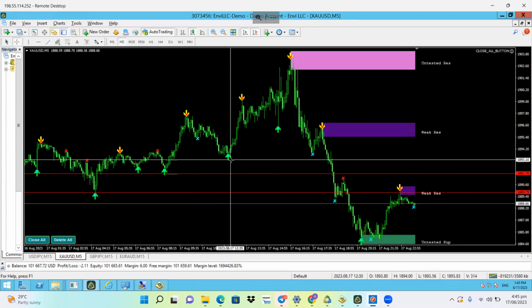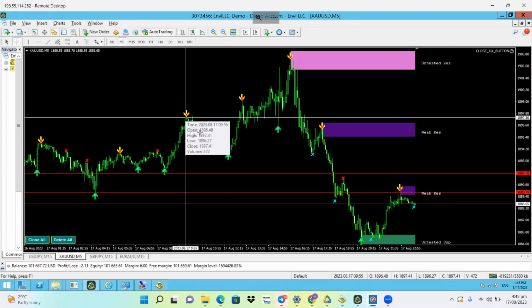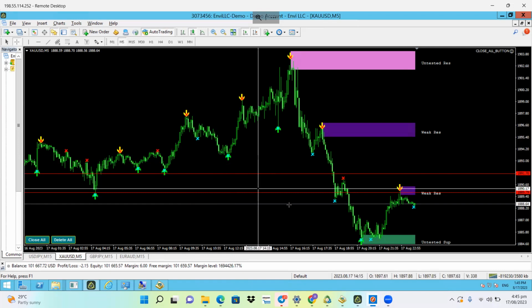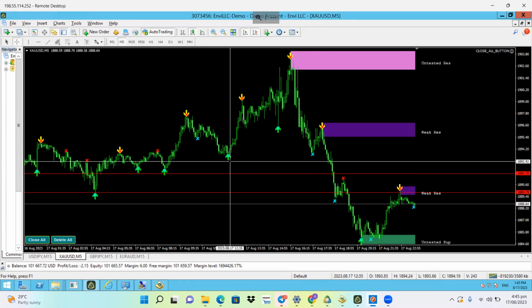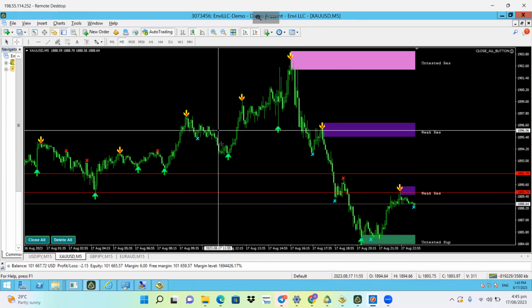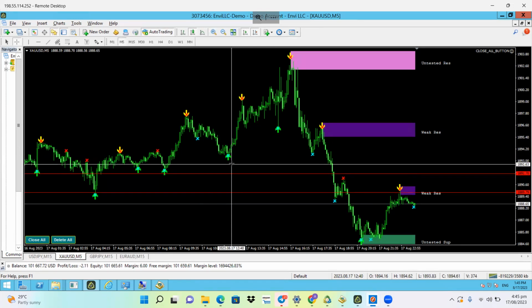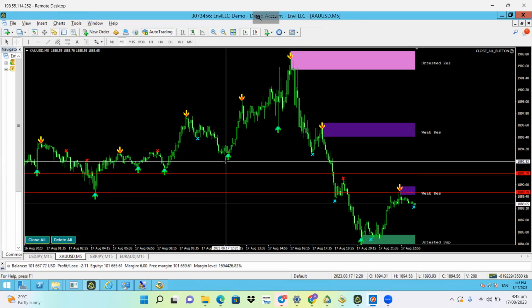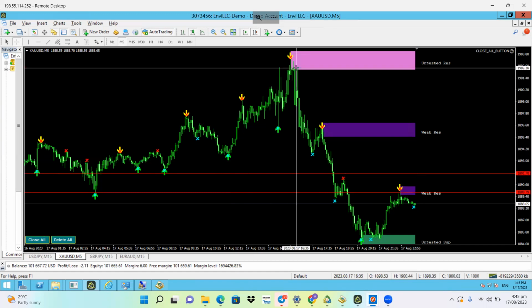But good thing we exited, because had we stayed in, we would have been in this sell and thought it was going to keep going down, but nope, it went up, it reversed, right? We had that exit point. So when you see those exit points, definitely take them. And then again, I wouldn't have gone for this buy just because we're in overall downtrend, but you could have caught a buy for a few pips.